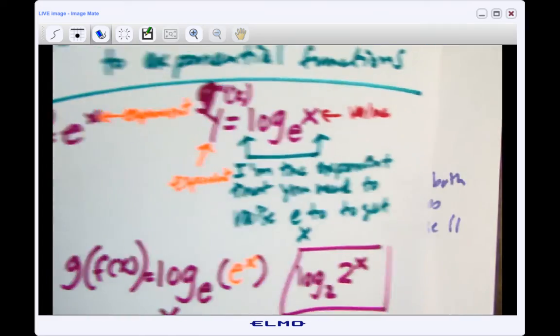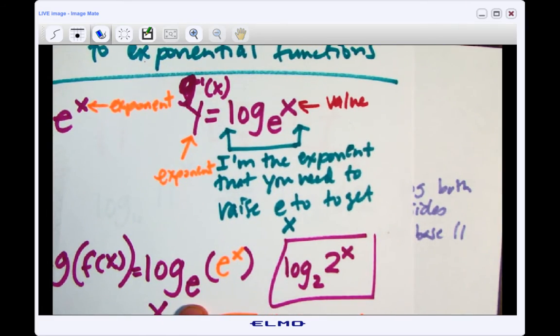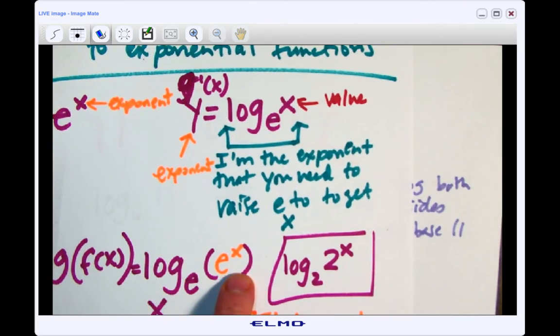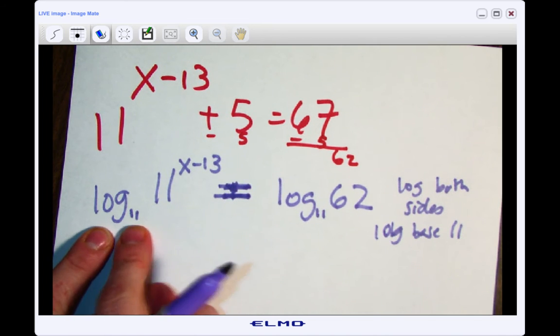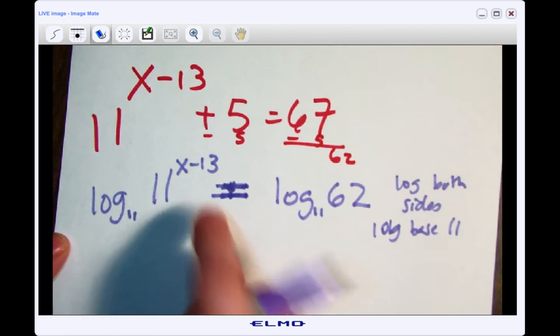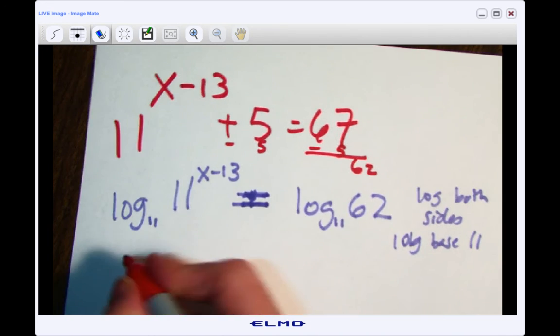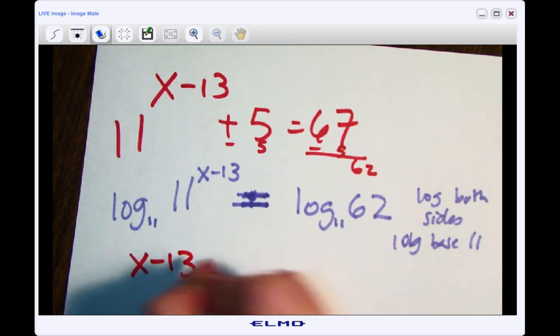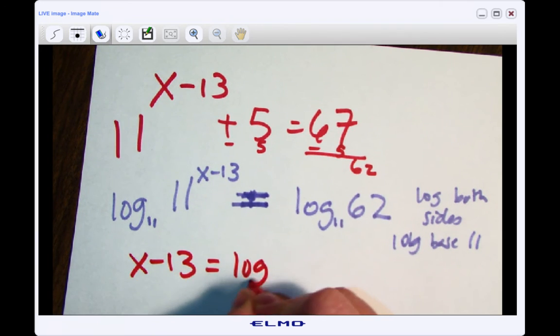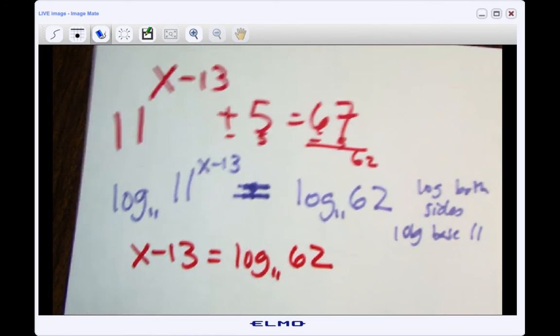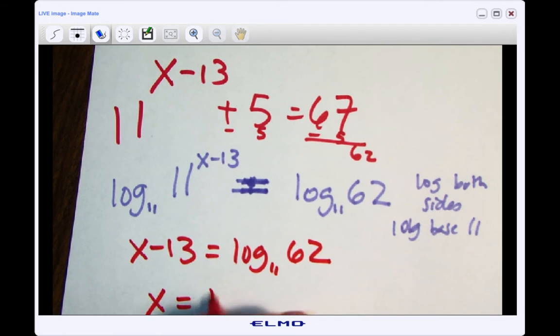This is like this idea here. It's like this one right here, right? When I compose these two inverse functions, well, I know that what do I have to raise 11 to get 11 to the x minus 13? Obviously, it's x minus 13 on this side. And this one is log base 11 of 62. And now the last thing that I have to do is add 13.